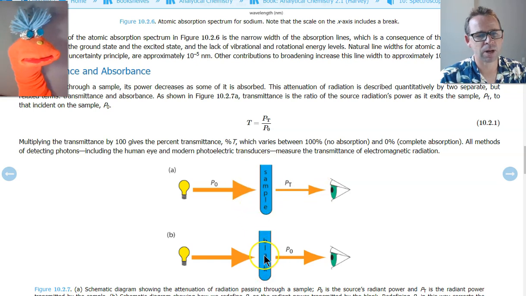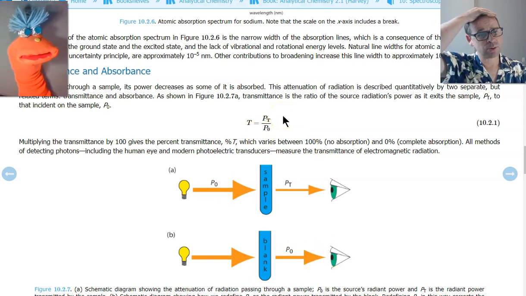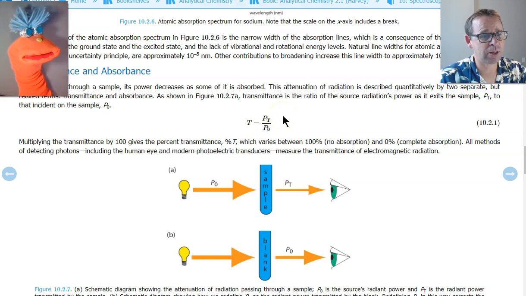P0 should be the amount of light that comes through the blank, so we blank it that way. And then transmittance is this ratio of the light that got through the sample over the light that got through the blank. That transmittance can be expressed as a percentage, because this is always going to be a fraction that's 1 or smaller, right?